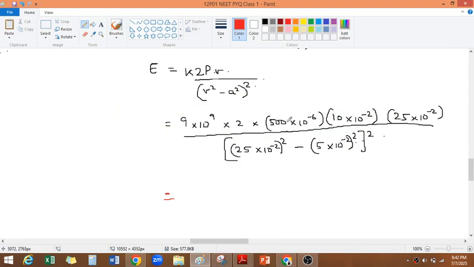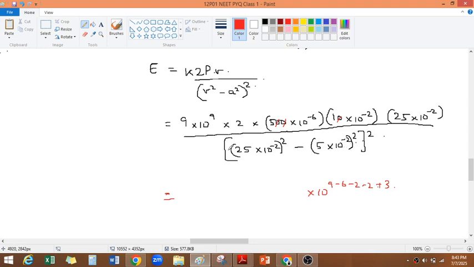I can keep all the numbers separately and 10 powers separately. So the 10 power is 10 power 9 minus 6 minus 2 minus 2, and even I can take these zeros also, 1 2 3, so I can take it as plus 3, and then divide by this, which is 10 power minus 4.